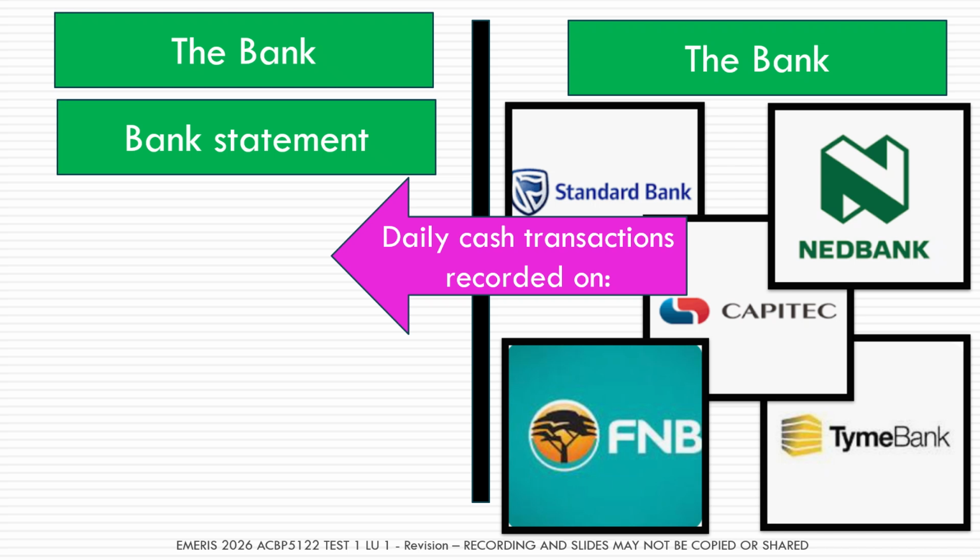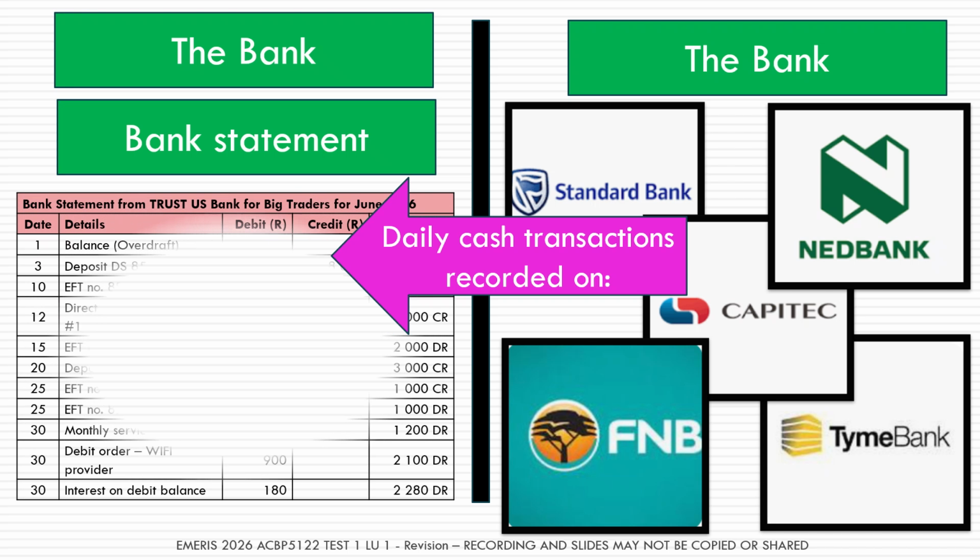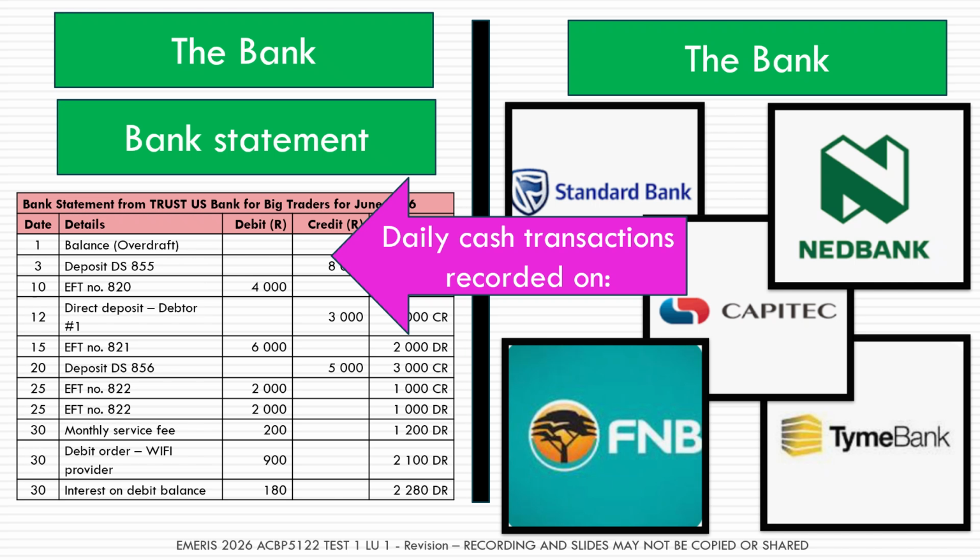Now, the bank will also be keeping a record of all the cash that is received from this customer or from the sole trader and any payments that is made by the sole trader. And the bank's record of all the cash transactions, we call that a bank statement.